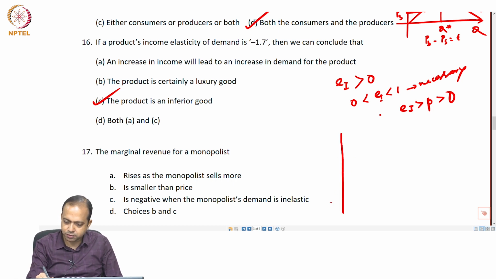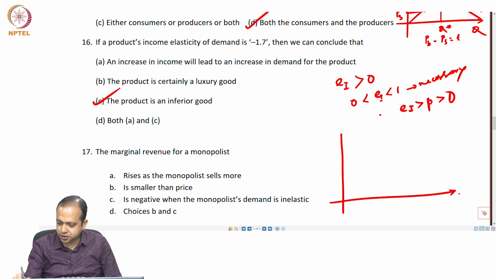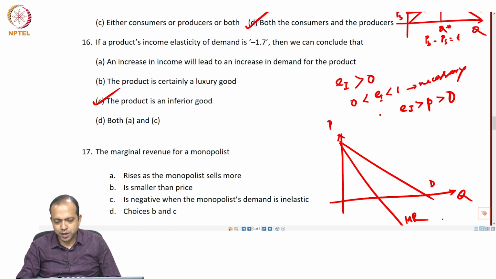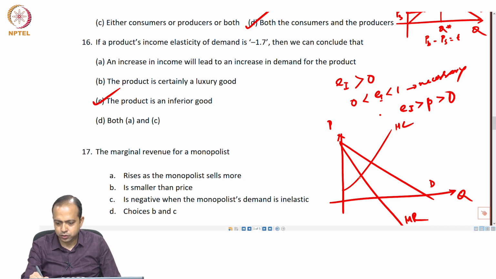Now, look at this monopolist, this is Q, this is P, this is the demand, and we will learn that this is MR. So, since demand is downward sloping, MR is also downward sloping and twice as steep as the demand. Let us say this is the MC. So, this is Q star and this is P star.